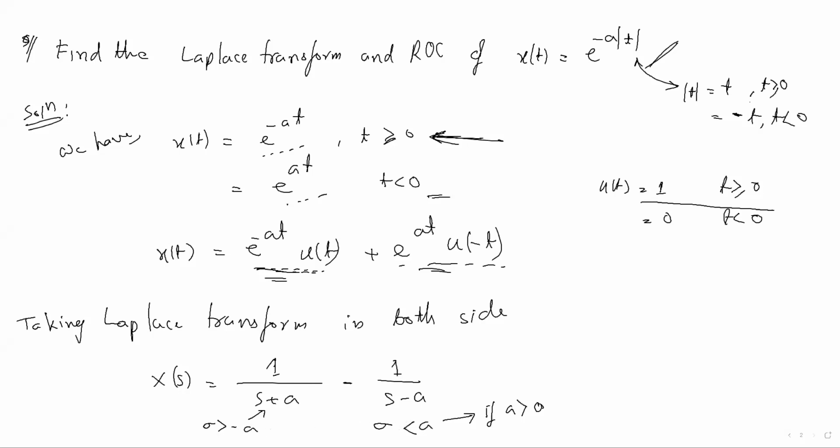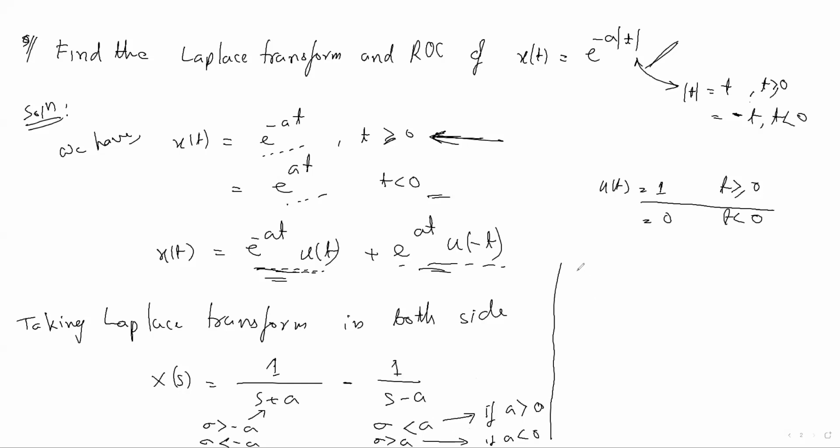Okay, another condition is sigma less than minus a and sigma greater than a. This condition is for what? If a is less than 0. Okay, so we have got two ROCs based on the values of a. If it is positive, then we can write the first condition, and if it is negative, then we can write the second condition. Okay, now you have to decide which one is correct.